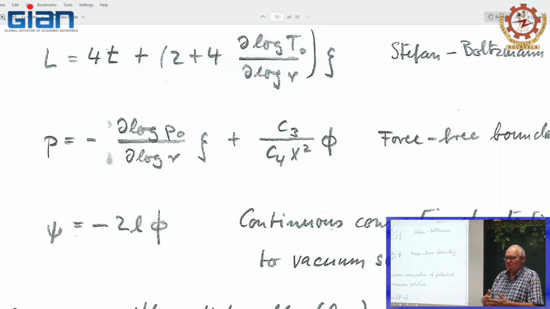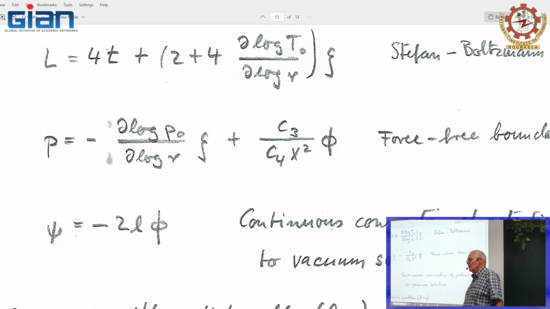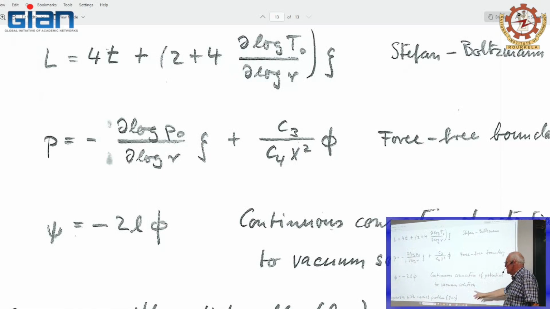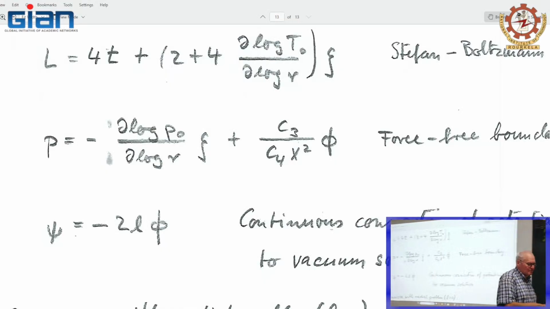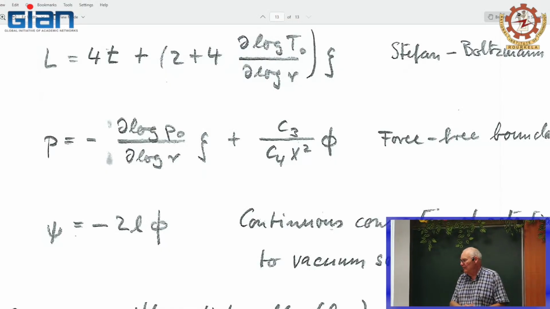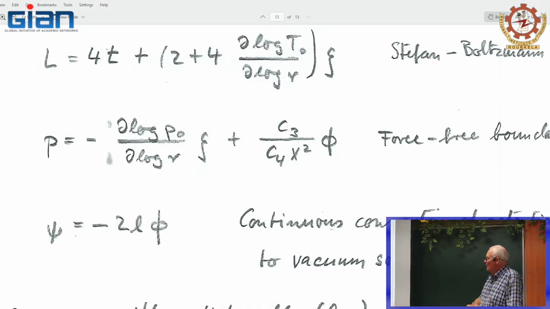So we have a solution in the vacuum for the potential, and this vacuum solution should continuously be connected to the potential inside our star. And this condition of continuous connection gives you that psi is equal to minus 2L times the potential perturbation phi. Okay, that's for the boundary conditions.